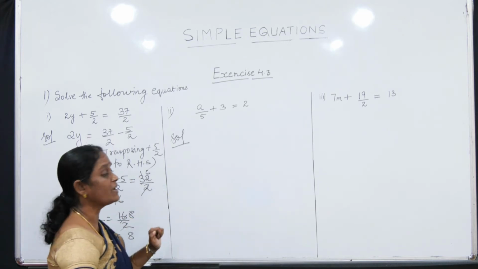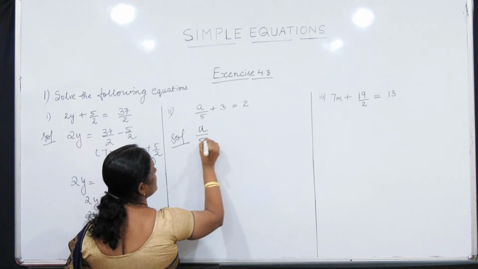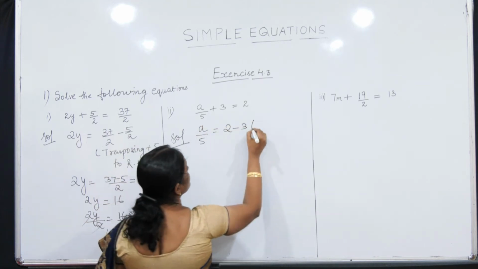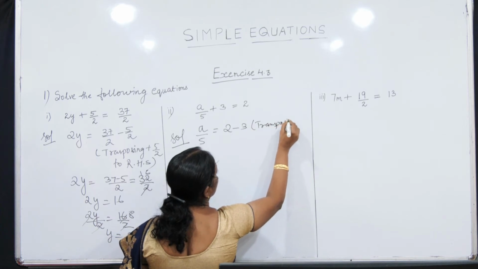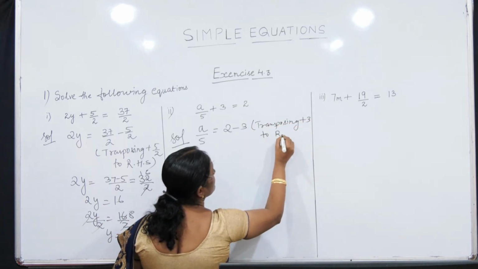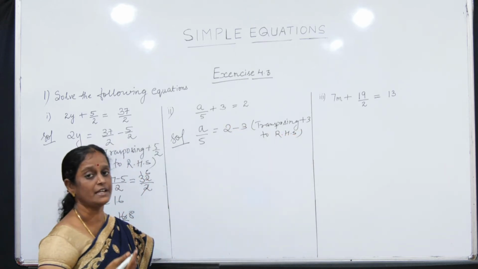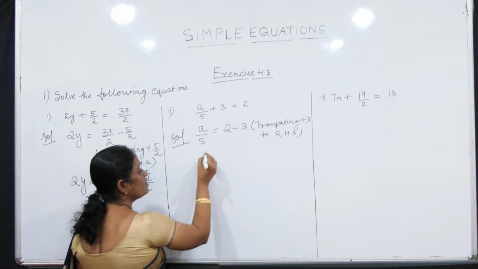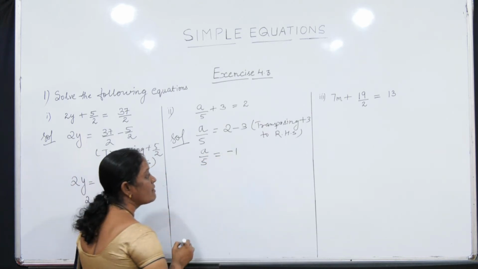Next equation is a by 5 plus 3 is equal to 2. Here a by 5 is equal to 2 minus 3, transposing plus 3 to RHS. When we take plus 3 to the RHS, the sign changes, plus 3 will become minus 3. So the next step is a by 5 is equal to 2 minus 3, which is minus 1.